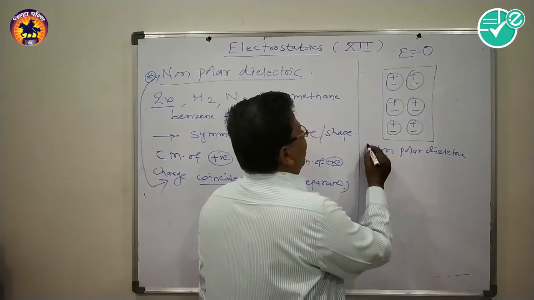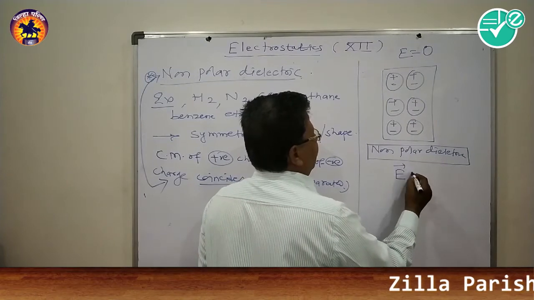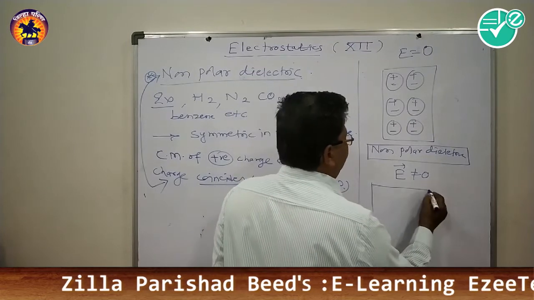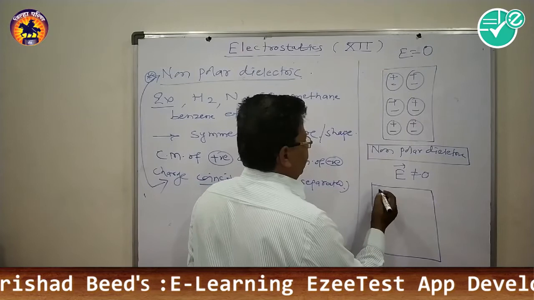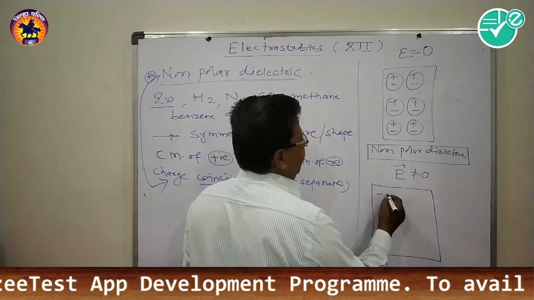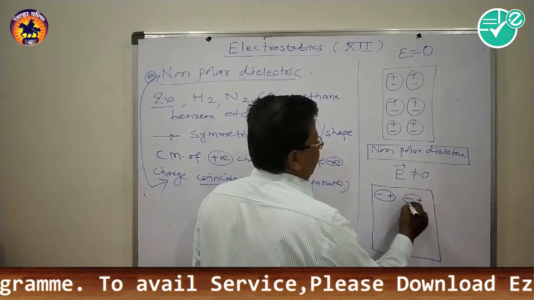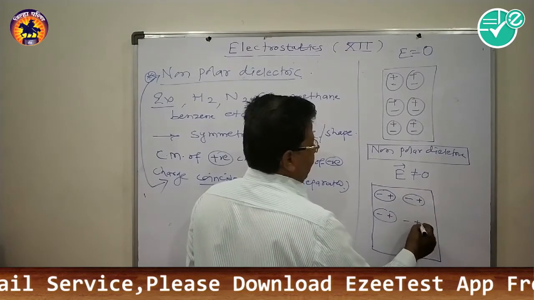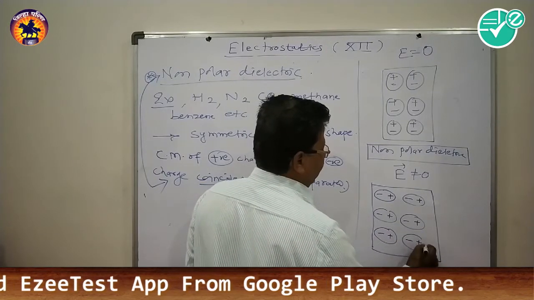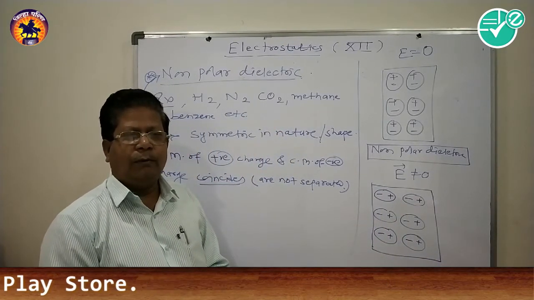But for non-polar dielectrics, if electric field is applied, not equal to 0, then it possesses a partial electric dipole moment. And when it is placed in electric field, they also have tiny electric dipole moments.